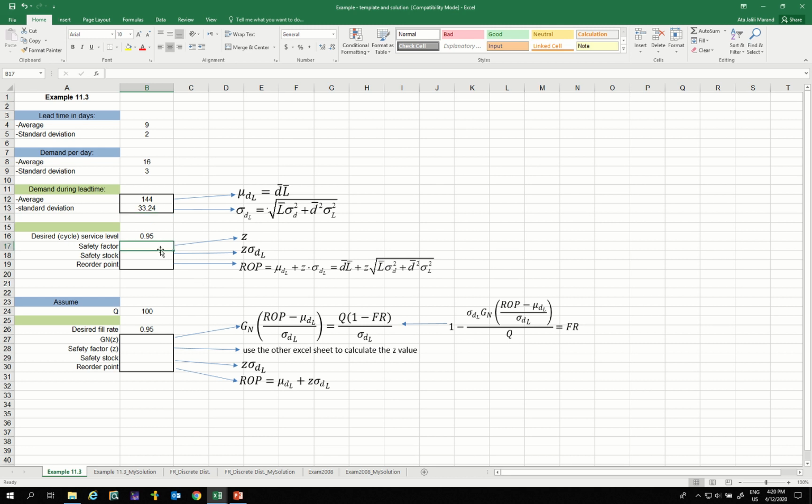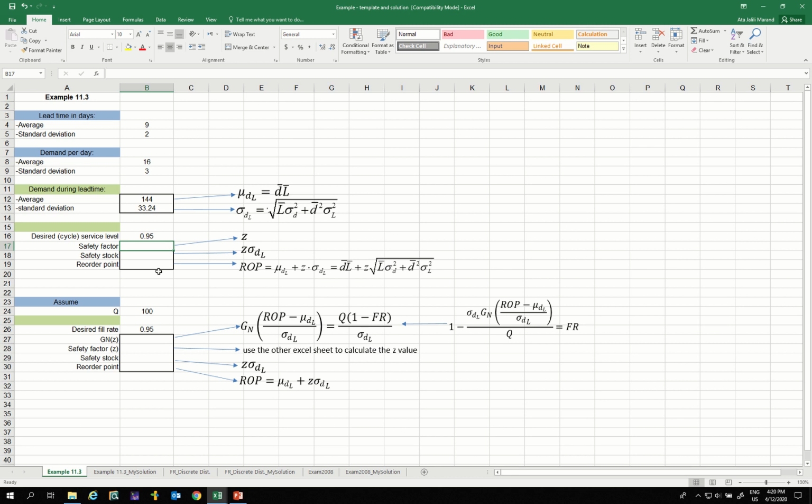Now I can do the calculations to find the reorder point, but to get to that point I need to take some steps. I need to fill in some other cells and then conclude the reorder point. First, I need to calculate the safety factor, and the safety factor is the corresponding z value of a standard normal distribution to the given service level.